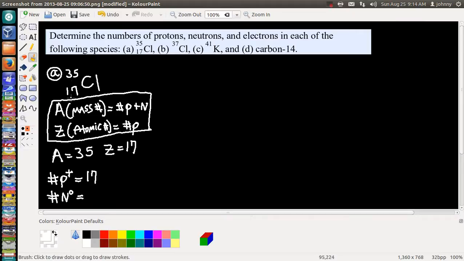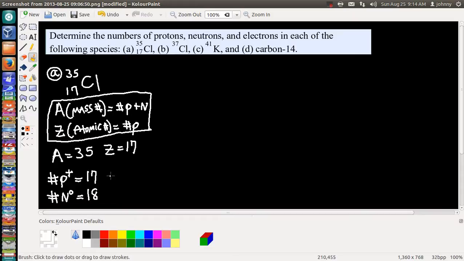If they're ever stacked like this, where you have your A value and your Z value, you can always just subtract them and you have the number of neutrons. So 35 minus 17 is 18. You can use a calculator to do it quickly, or just do it in your head if you're able to.